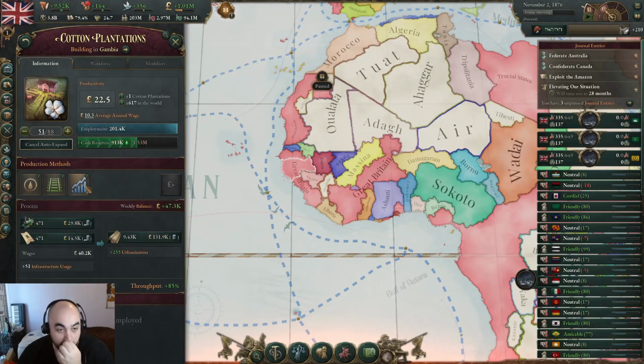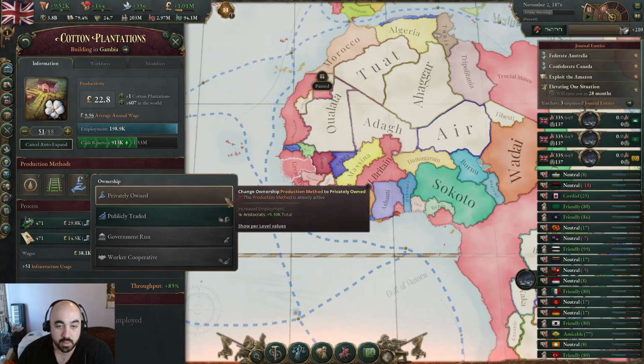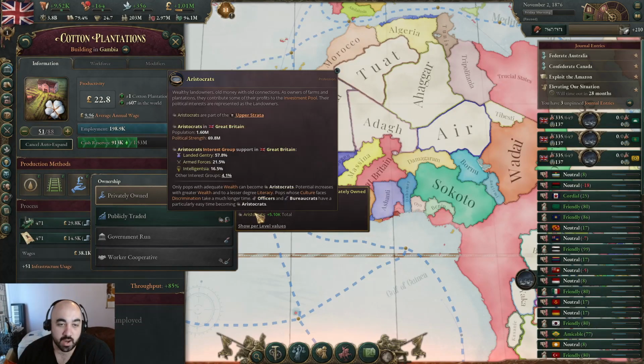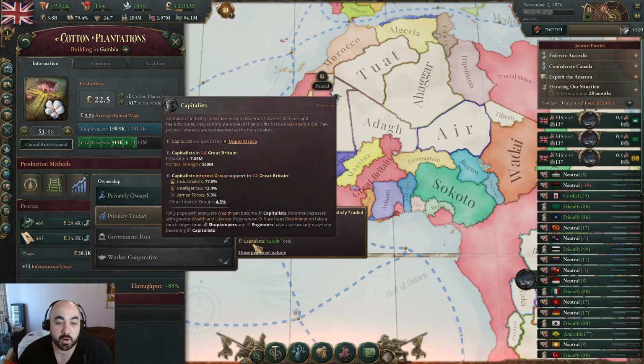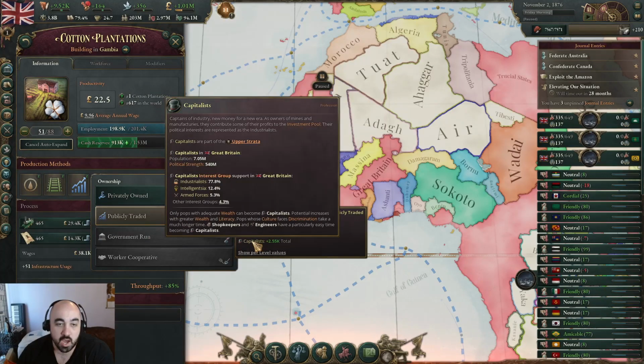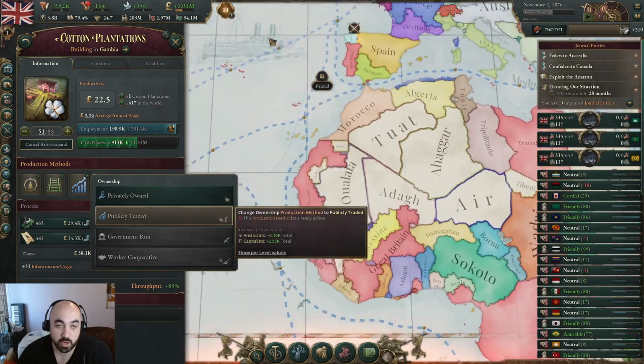For example, the cotton plantations here, if we have it on privately owned, they will be owned by aristocrats who, if we hover over, are primarily landowners. They're landed gentry because we're playing the UK. If we switch to publicly traded, now they'll be partially owned by capitalists. And the capitalists are mostly industrialists, but they also tend to be quite a bit intelligentsia.